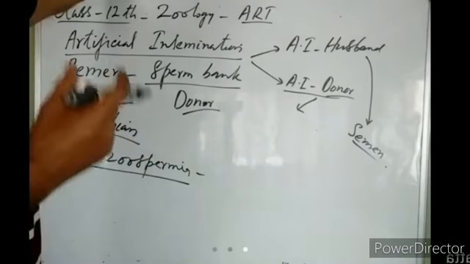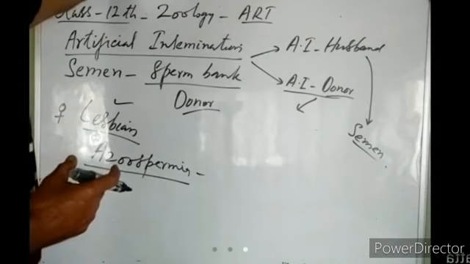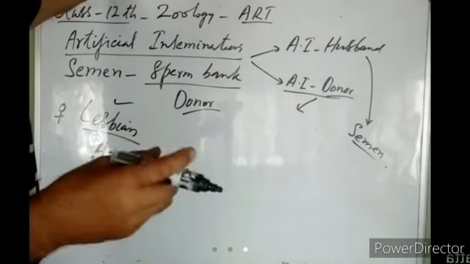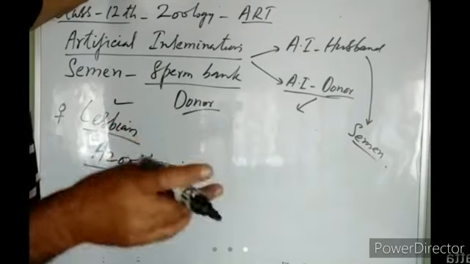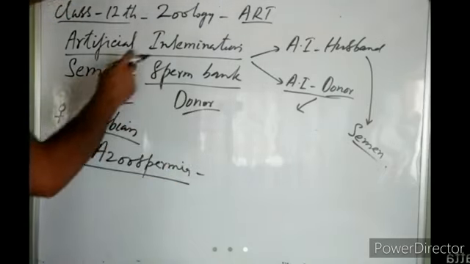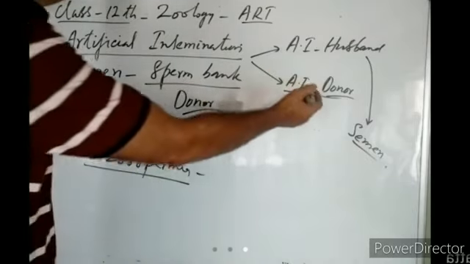Now his wife wants to have a child, and they go to a sperm bank. They get the sperms from the sperm bank. Then these sperms are artificially introduced into her vagina or into her uterus so that they may fertilize her own ovum, right? So this is known as artificial insemination donor because the sperm has been donated by a donor in the sperm bank.